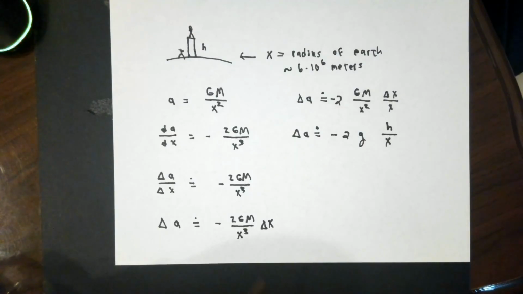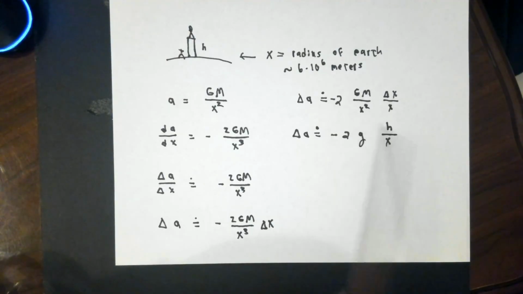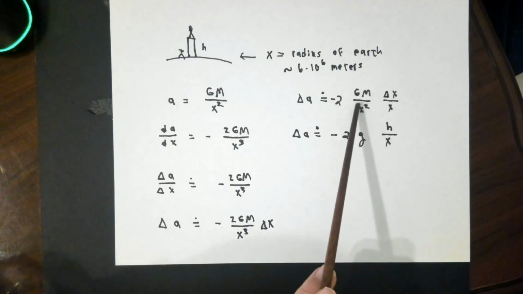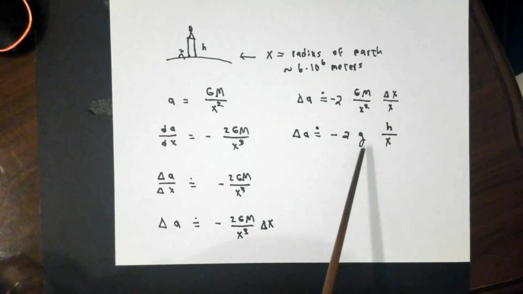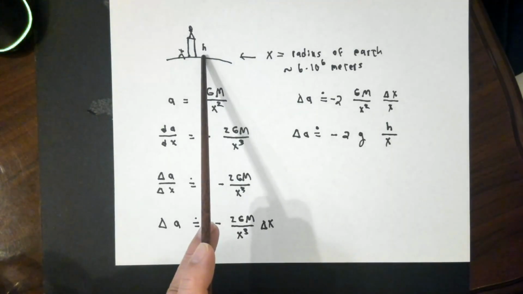I can factor this up a little bit, though. I notice that I can write gm over x cubed delta x as gm over x squared times delta x over x, and then I remember gm over x squared is the acceleration due to gravity, and delta x is the height of the building.